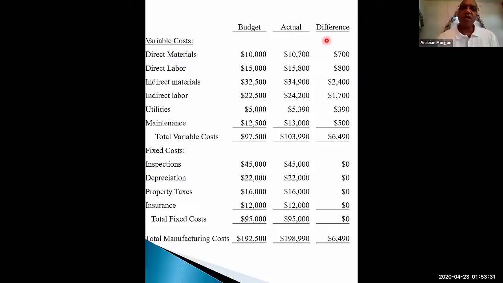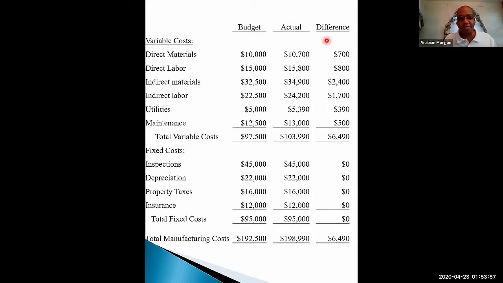Okay. Now, it's not enough to just say what the differences are. We need to actually report, are these differences favorable or unfavorable? Okay. And the way we do that in managerial accounting, or at least in this class anyway, we write the letter F or the letter U next to the dollar amount difference that we've calculated.